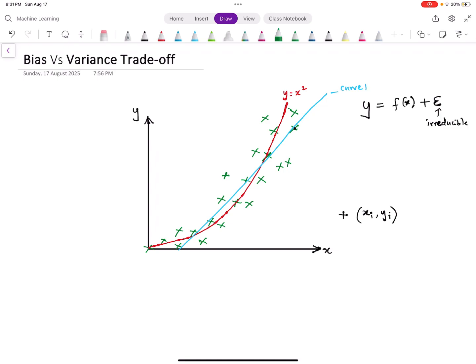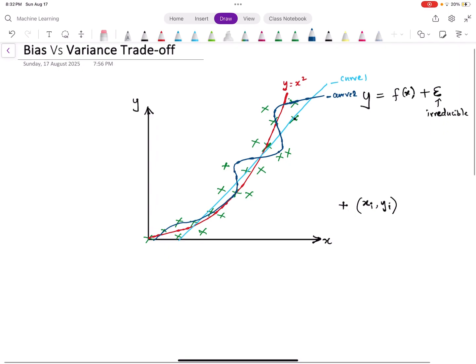And the second type of model could be a curve that is more flexible while it is passing through the data. Let us call this curve 2. So these are the two possibilities, curve 1 and curve 2, which give us two possible fits of this training data set.